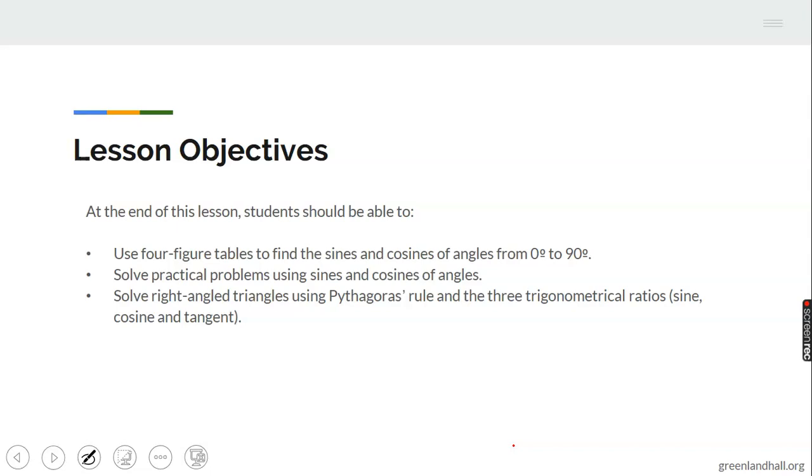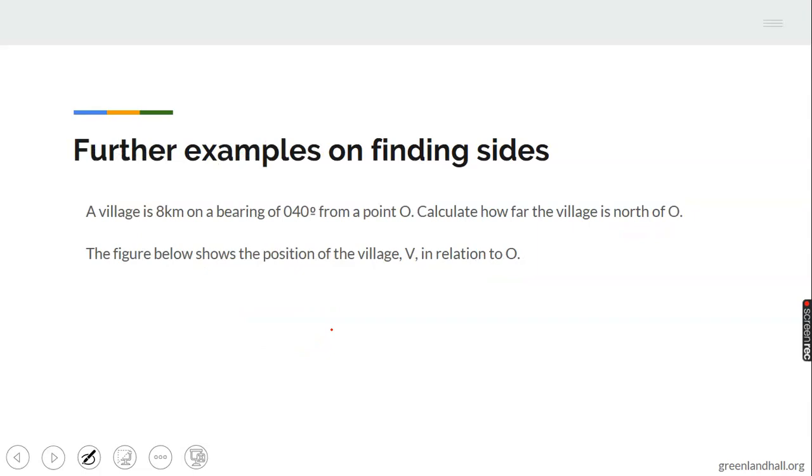You will see your sine table and the cosine table there. So that is the first thing we want to look at. Solve practical problems using sine and cosine of angles. Then solve right angle triangle using Pythagoras rule and the 3 trigonometrical ratios, which are sine, cosine, and what? Tangent.